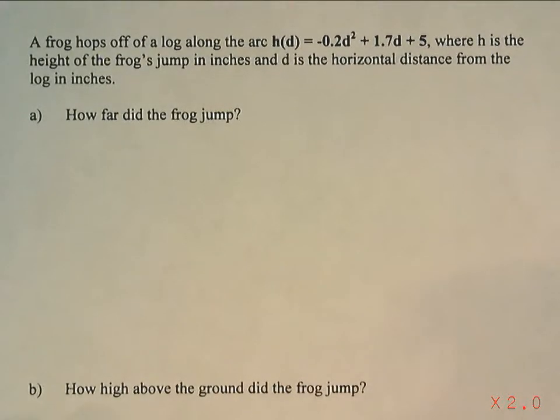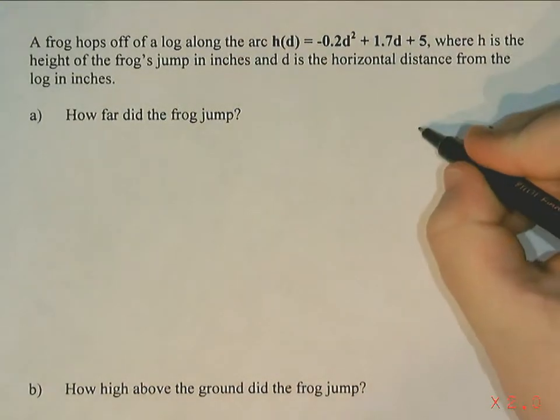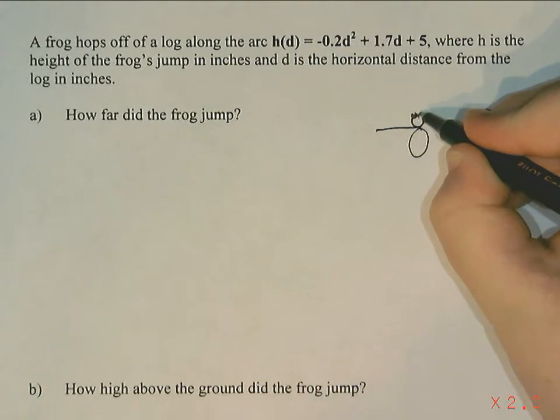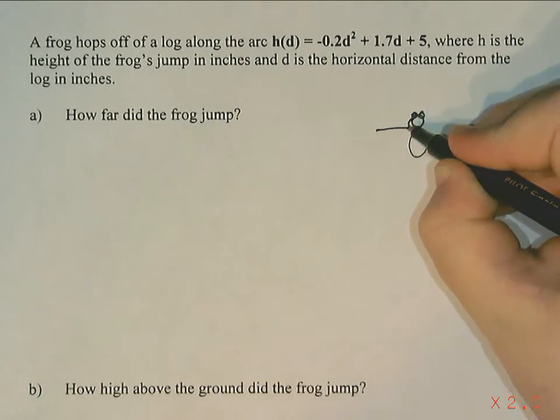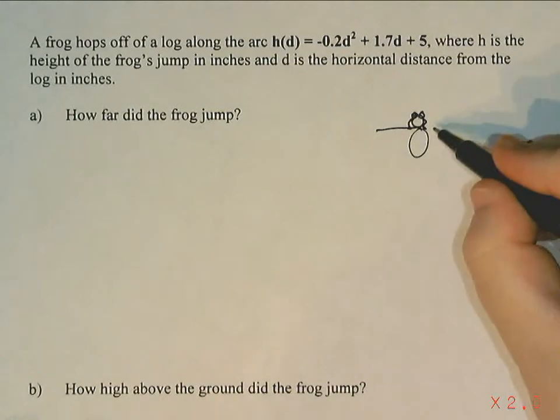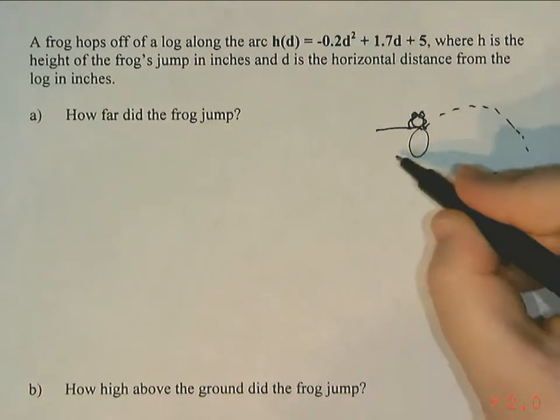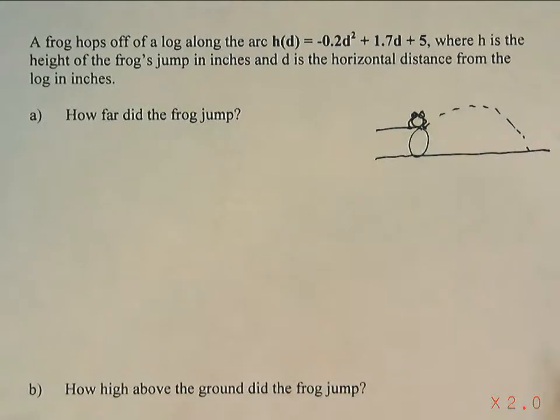And I find questions are easier to do if I can see what it is that we're talking about. So we have a log, we have a frog, and he's going to jump off the log and likely land somewhere on the ground.